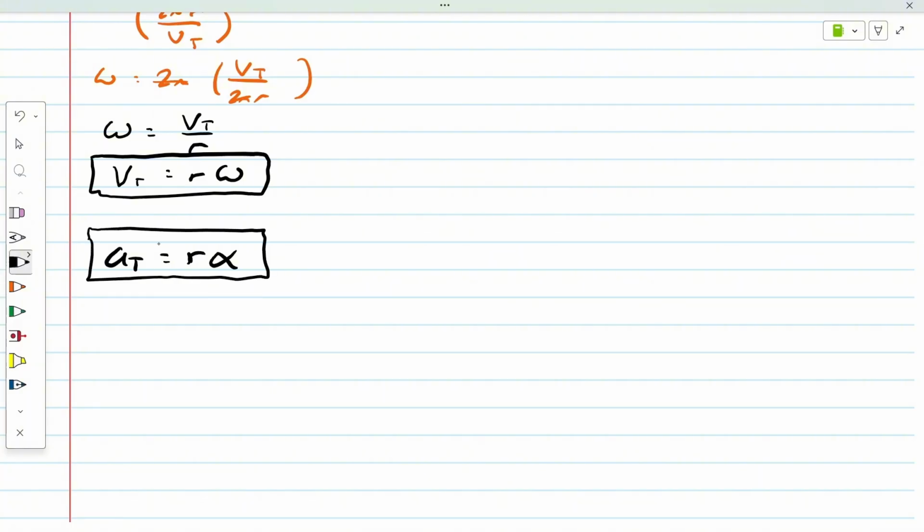We haven't really used tangential acceleration before, we only used centripetal acceleration. So how do we relate the centripetal acceleration from circular motion? We know centripetal acceleration equals the velocity squared over r. That velocity is the tangential velocity, and we just made a new equation we can use.